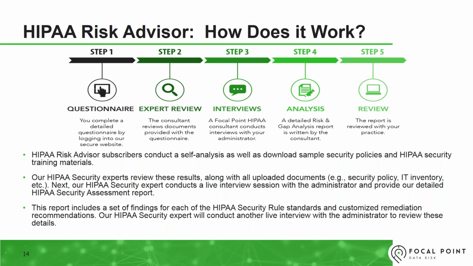Once all that information is completed within the questionnaire, one of our HIPAA compliance experts will go through and review it, looking for missing items, inconsistencies, or potential risk areas. Our team members will schedule a call with your team to go through those questions. Usually that's a 1 to 2 hour web conference where we walk through, answer any questions you have, and get to different points of clarification.